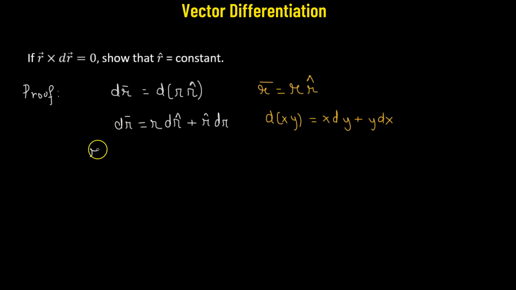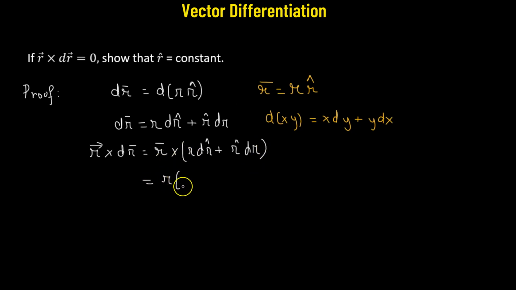Now we'll take the cross product with vector r. So we have r cross dr vector. So that would mean we'll take the vector r and cross it with dr vector, which is r dr cap plus r cap dr. So let's multiply it. Here r is simply a scalar.